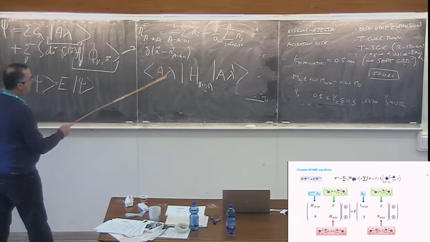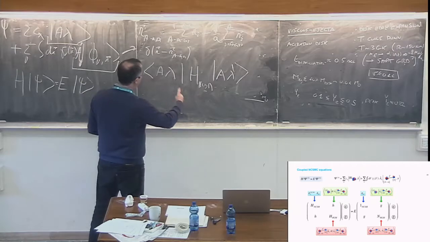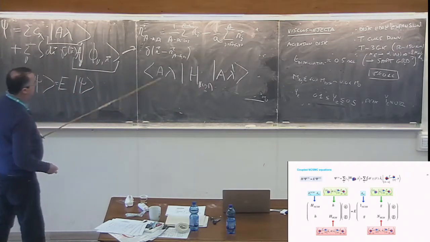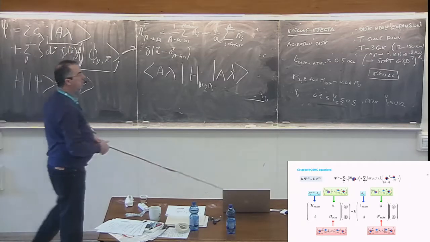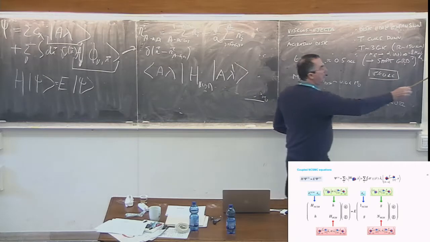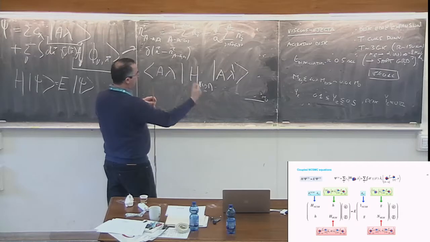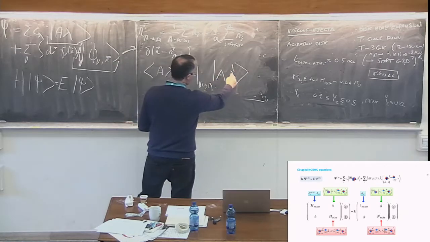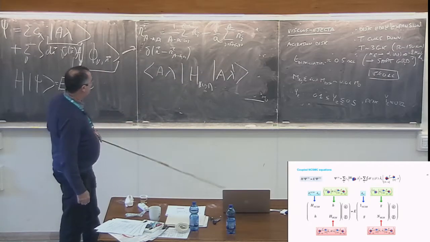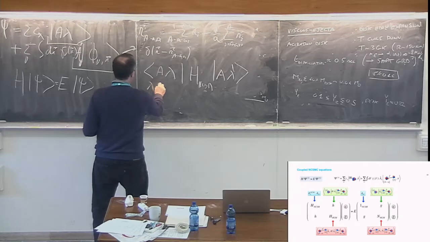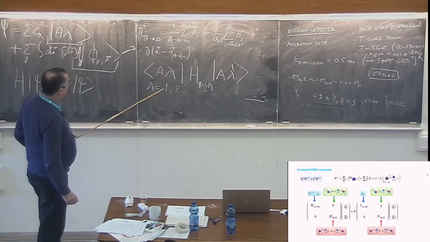In the low-lying, low energy regime, I would diagonalize this as I would do in the shell model, and then I will use the lowest eigenstates in this expansion. So the states that I consider here would be the eigenstates of the shell model, so these are not your Slater determinant basis states. These will be already pre-diagonalized, expanded in terms of the Slater determinant basis states. Then lambda would just count your eigenstates in the shell model.